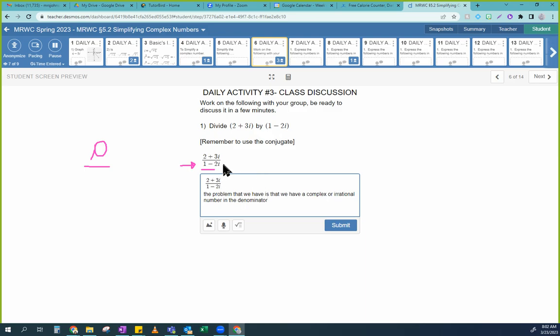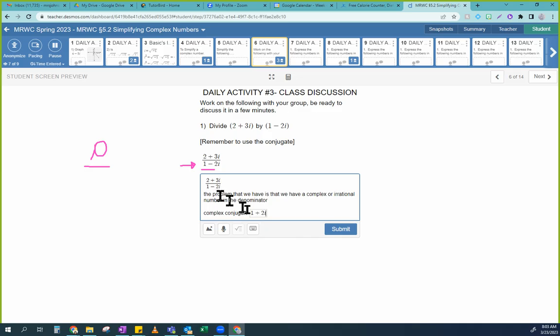So the way we rationalize this denominator is we have to first come up with the conjugate. So in this case, what's our complex conjugate? Someone already put it in the chat. Thank you. Our complex conjugate in this case is going to be 1 plus 2i. So notice our 1 stays the same, but the imaginary part changes to its opposite.